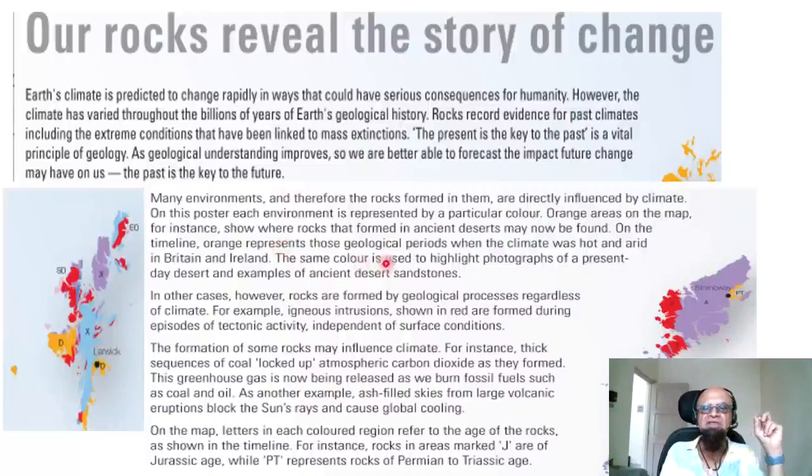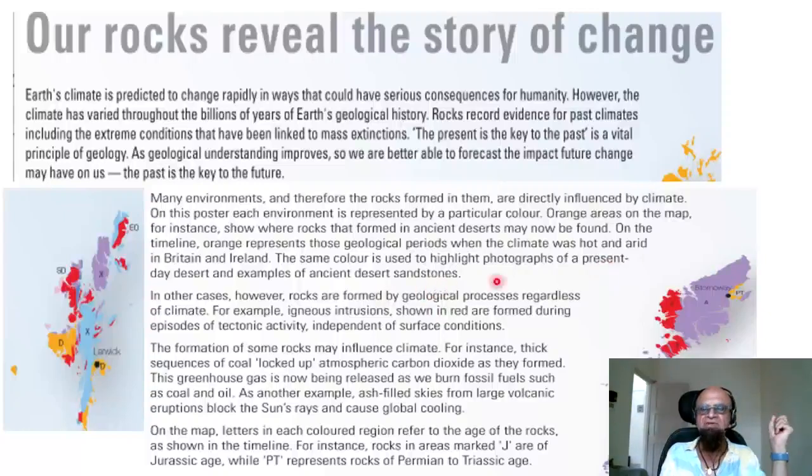Many environments and therefore the rocks formed in them are directly influenced by climate. On this poster, each environment is represented by a particular color. Orange areas on the map, for instance, show where the rocks that formed in ancient deserts may now be found. On the timeline, orange represents those geologic periods when the climate was hot and arid in Britain and Ireland.